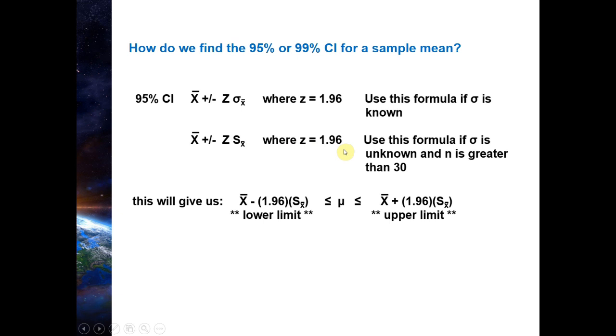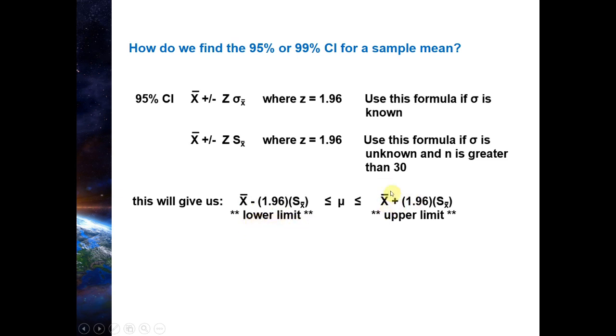All right. Now, what we're going to do is take our sample mean, whatever that equals, and subtract this answer here. We take our Z-score times S sub X bar, the estimate of SEM. So we multiply these two together and we get an answer, right? Then X bar minus this gives you the lower limit for your confidence interval.